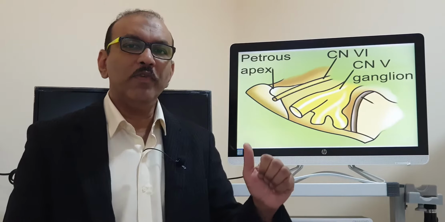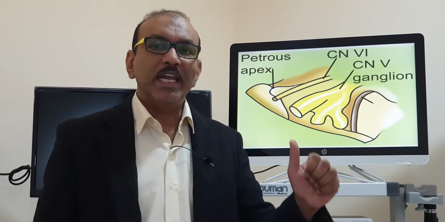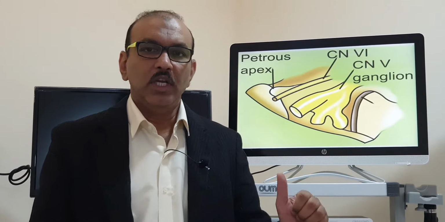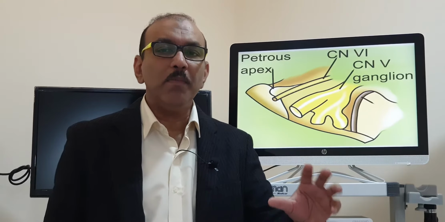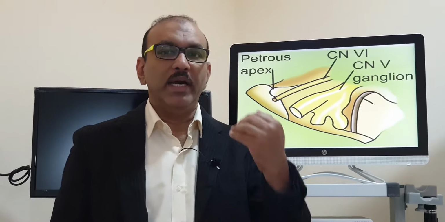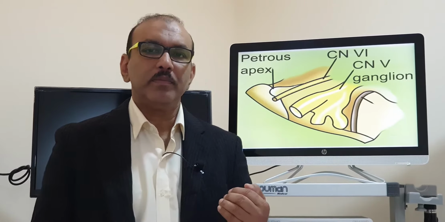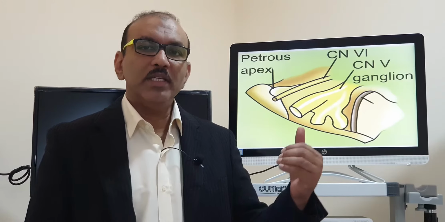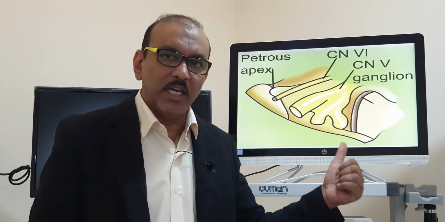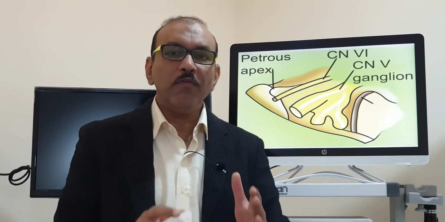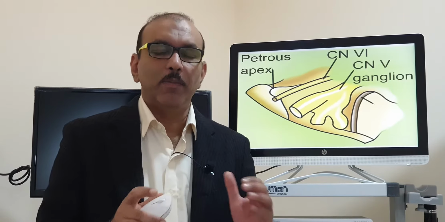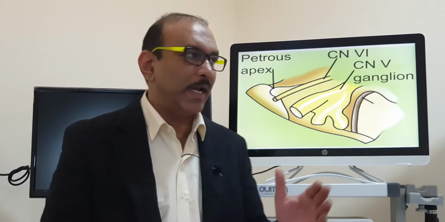So when you have infection in the petrous part, it can involve these cranial nerves. When the fifth cranial nerve is involved, the patient complains of severe pain behind the eyes, retroorbital. And when there is infection involving the sixth cranial nerve, the patient complains of double vision, which is called diplopia.